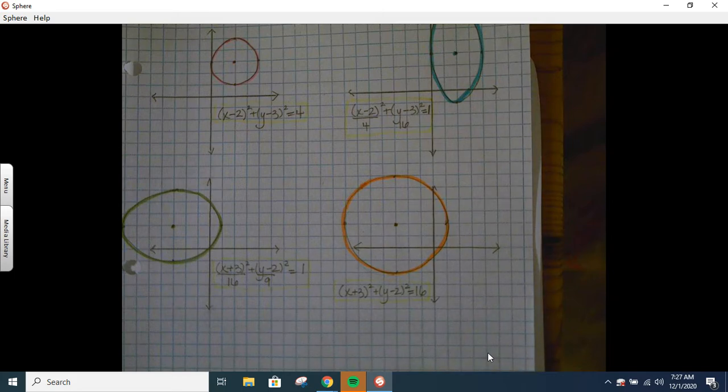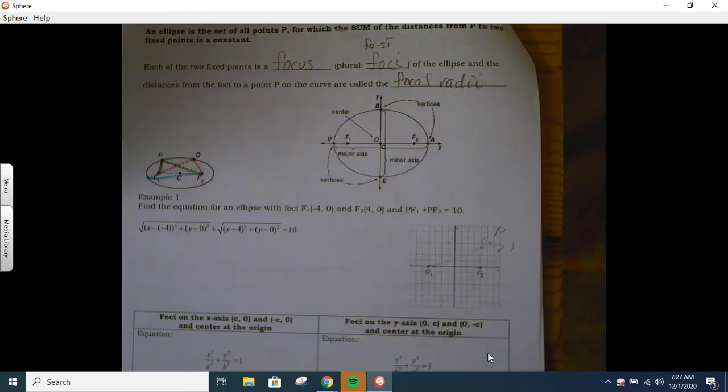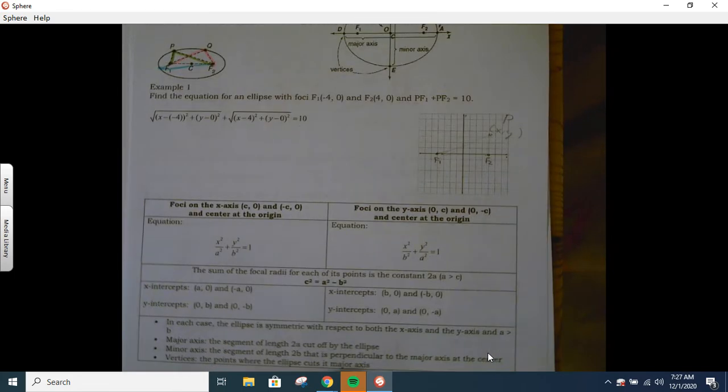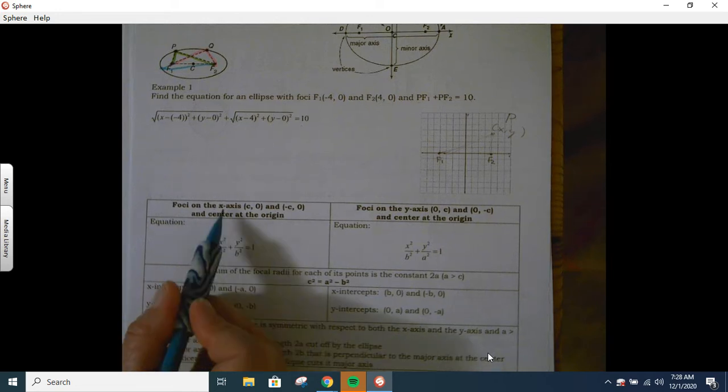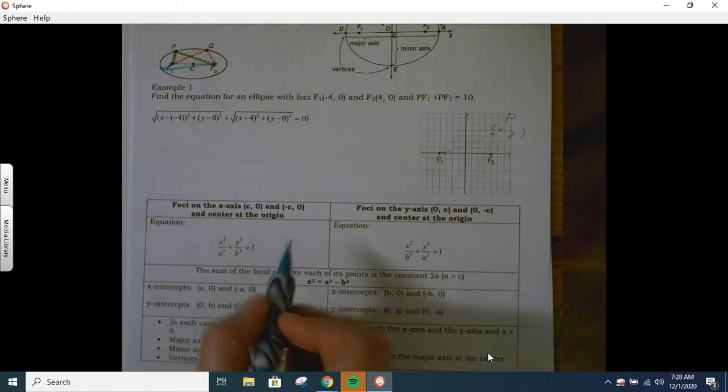So the form that we're going to see for an ellipse, if our center is at the origin, is this. Right, so x squared over a squared plus y squared over b squared, noticing that they were both equal to 1. And this is if the foci are on the x-axis. So if the foci are on the x-axis, it's going to be longer horizontally.